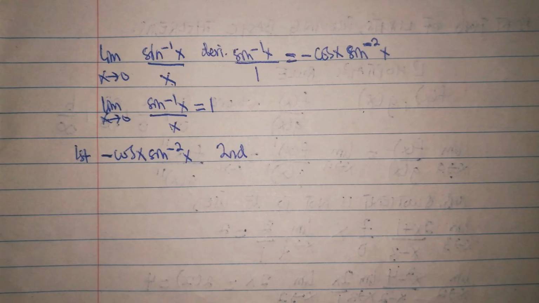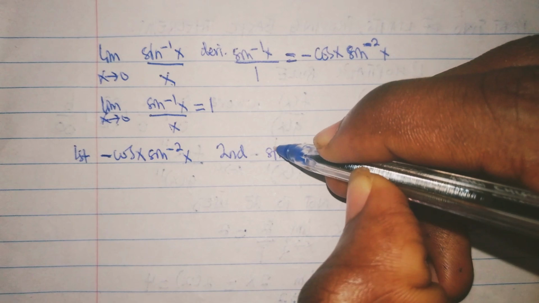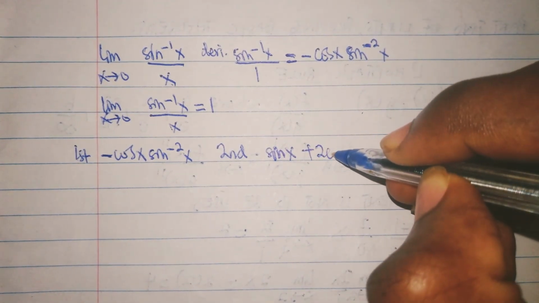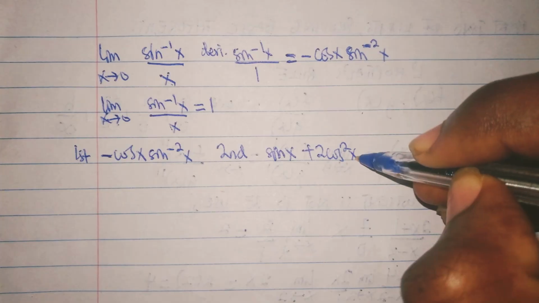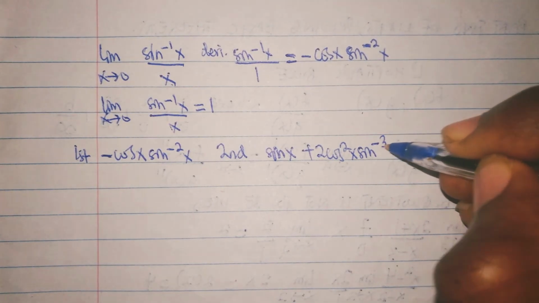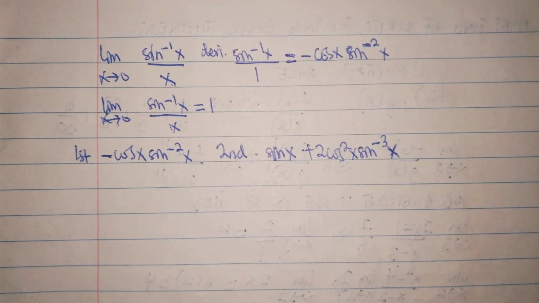I'm starting with the cos side, so I'm doing product rule. I come and get sine x plus 2 cos squared x sine negative 3x. As you can see, now if I put still 0 in, no, it's not working.